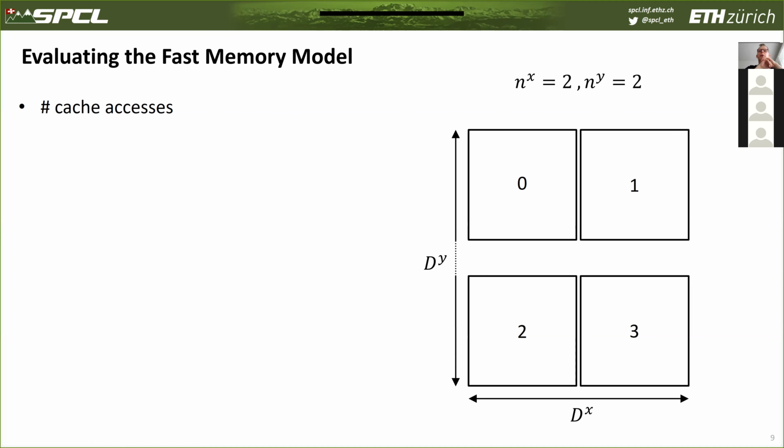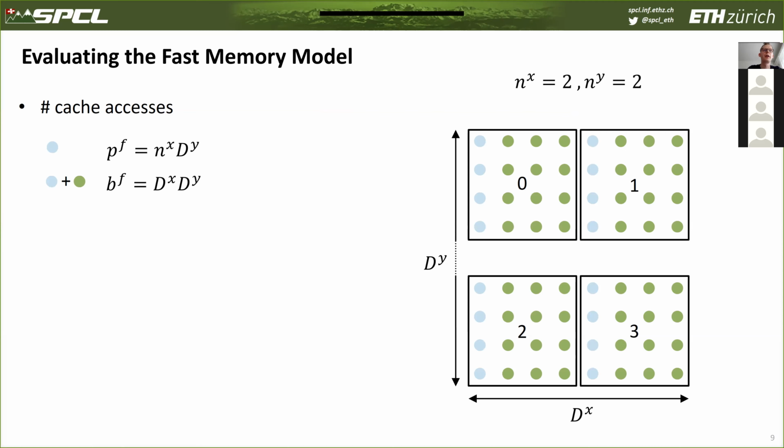Then we have variables, and the variables nx and ny say how many tiles we have in the x and y direction. These are variables because depending on the tile size we find, the optimization parameters change or the performance changes. So these are actually variables of our optimization problem.